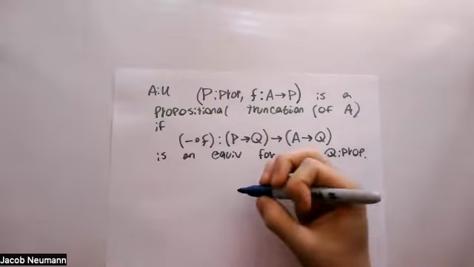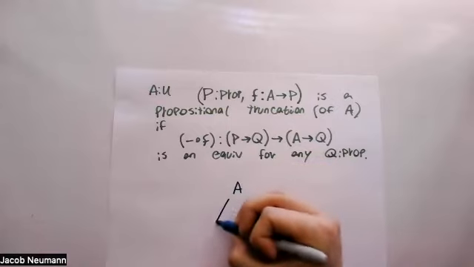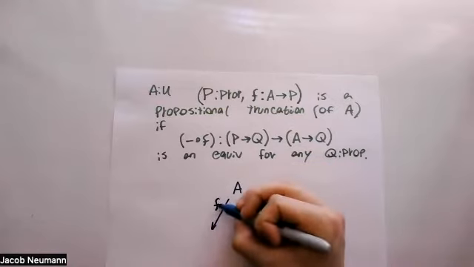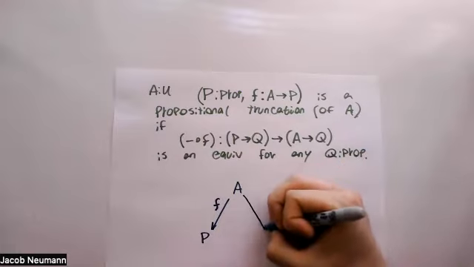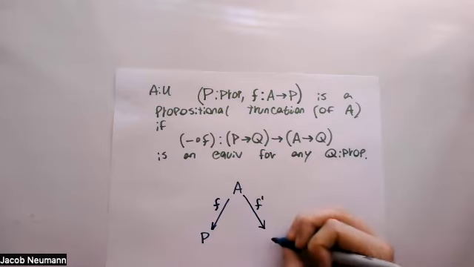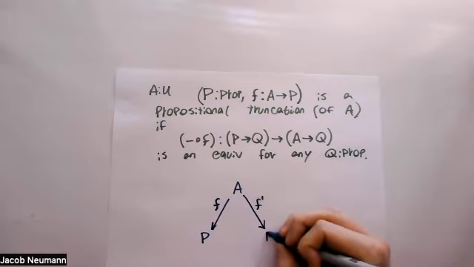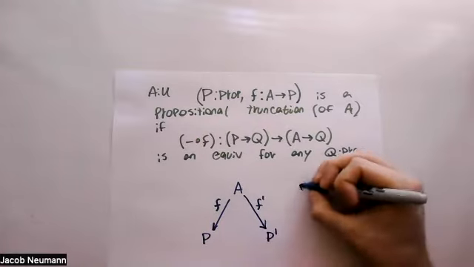So if I have A and I have F, P, and then I have F prime and P prime, these are the three conditions.